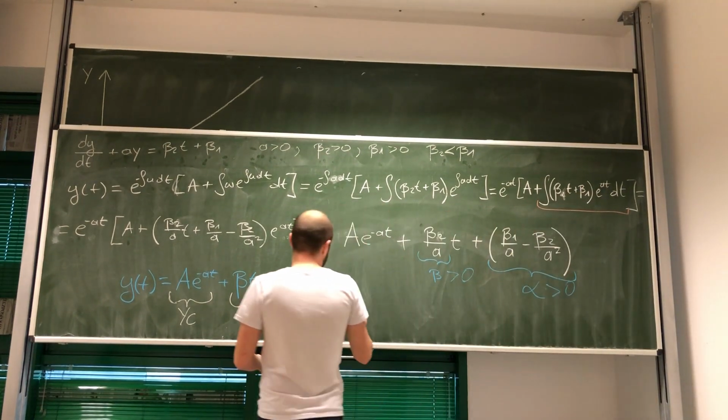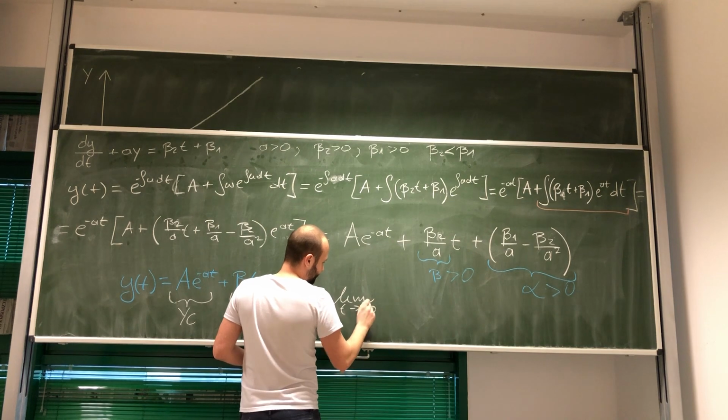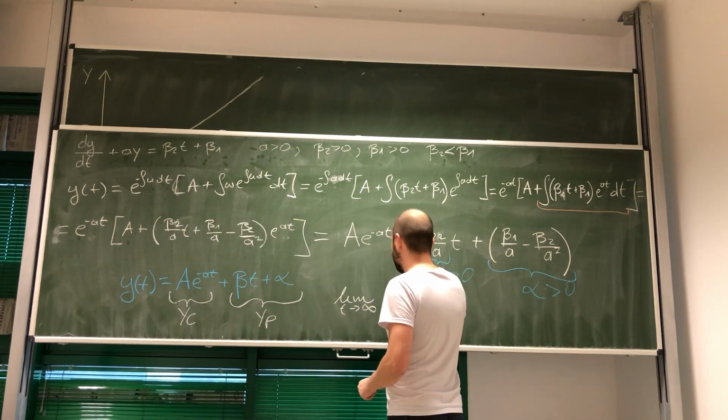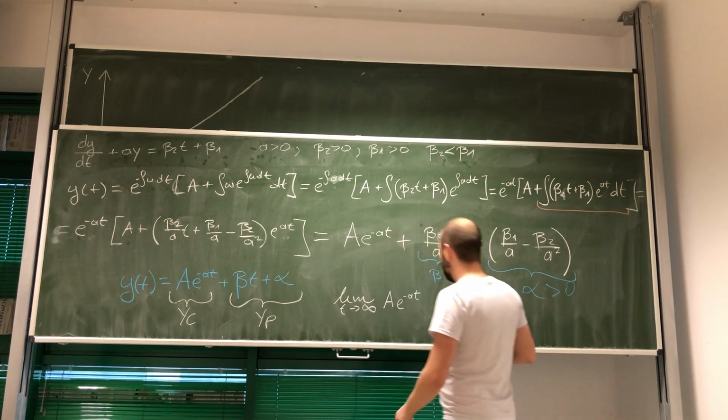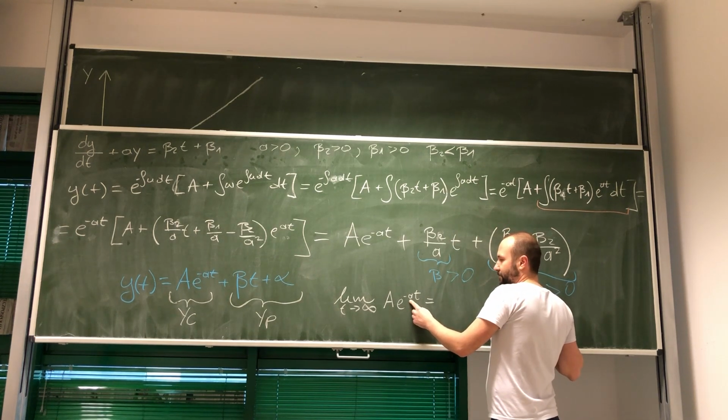How do we know this? Look, if I calculate the limit as t approaches infinity of a e to the power negative at, look what happens. We know that a is positive, right?